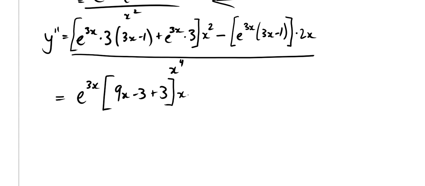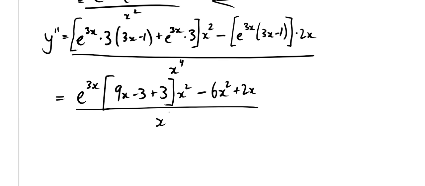All of that times x squared. Minus, I took the e to the 3x out, so I can expand the rest of this. I've got 3x minus 1 times 2x, and I'm subtracting all of that. So this is minus 6x squared plus 2x. Does that look right? I think we're good.